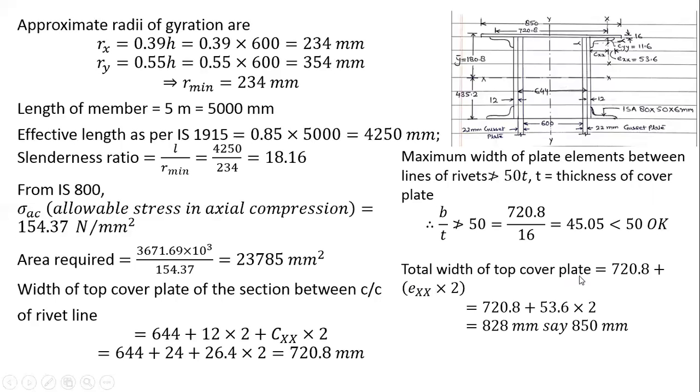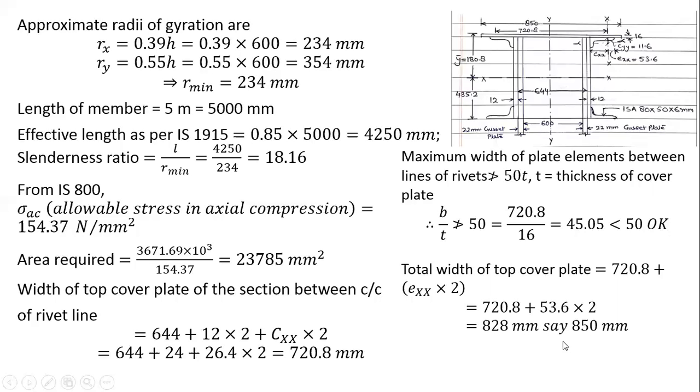Now total width of the top cover plate will be equal to how much? 720.8 from here to here. Okay. Now I have to add this much distance, which is called your edge distance here. This edge distance is given as EXS is equal to 53.6. So I have to add 53.6 twice, one here and one here. So this is 828 millimeter. So the distance from the edge of this angle to the edge of this angle is 828.